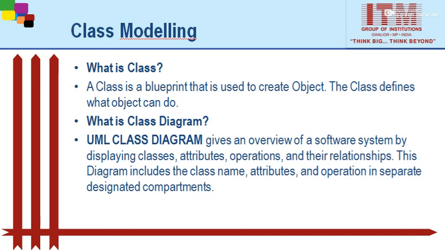Now what is a class diagram? As we discussed in my previous slide, class diagram is basically the representation of class modeling. The class diagram also gives an overview of a software system by displaying classes, attributes, operations and their relationships.